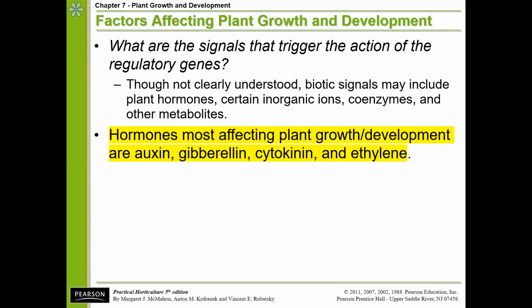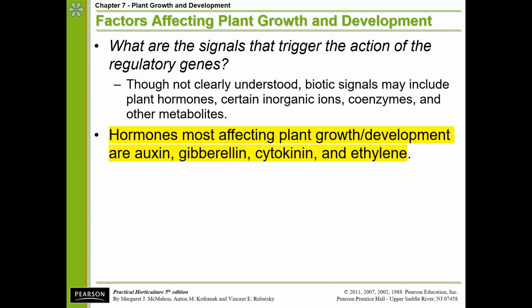They trigger plants to do different things. Auxins, for instance, trigger plants to develop roots. Gibberellins trigger plants to make more reproductive parts. Cytokinins, more shoot growth. Ethylene is more responsible for fruit and flower production and abscission as well.